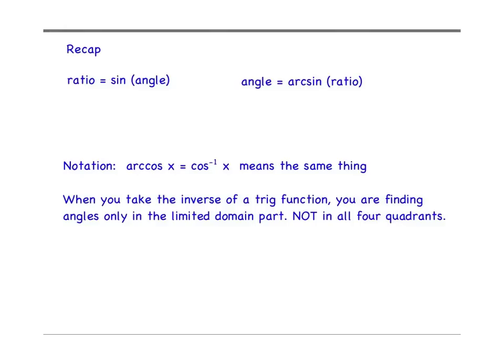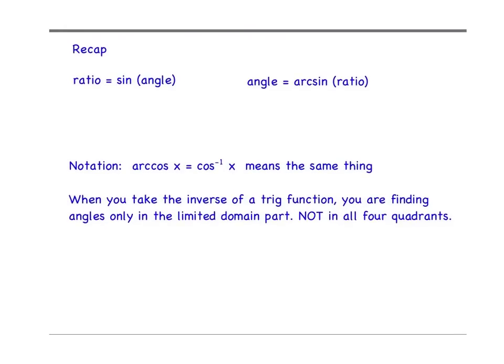So here's a recap of what we've got here. We know that if I have the square root of 2 over 2, a ratio, it's equal to the sine of an angle, pi over 4. Okay? So that's a ratio. Or if I wrote it this way, if I said, what is the sine of pi over 3, then you would say that was the square root of 3 over 2.